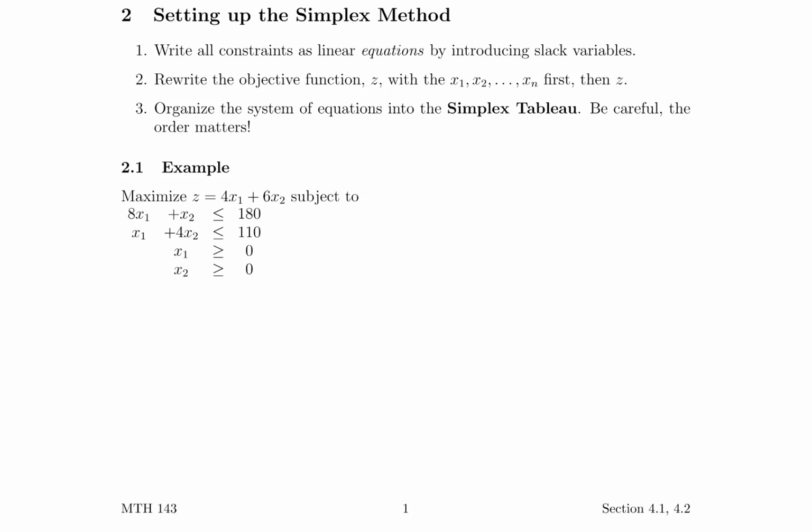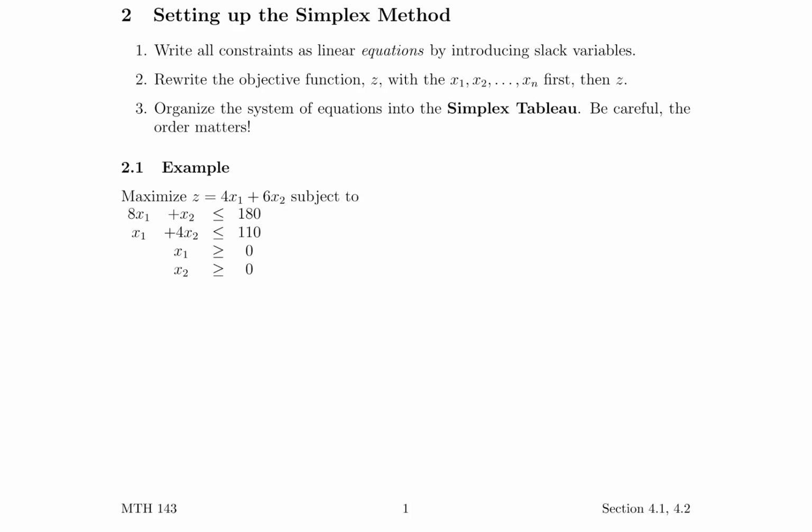So a solution for this inequality could be 8 times 10 for x1 plus 100 for x2, and that would be less than or equal to 180. But we also could have 8 times 10 for x1 plus 0 for x2, and that would still be less than or equal to 180.